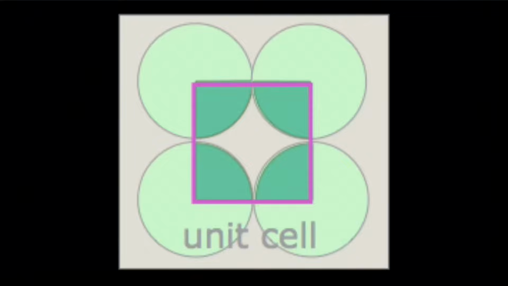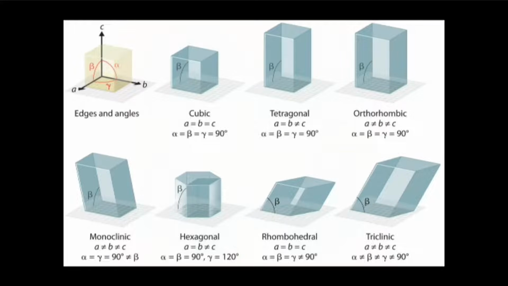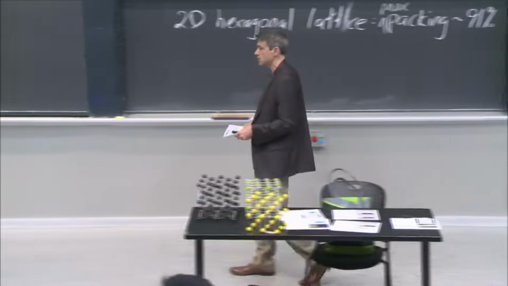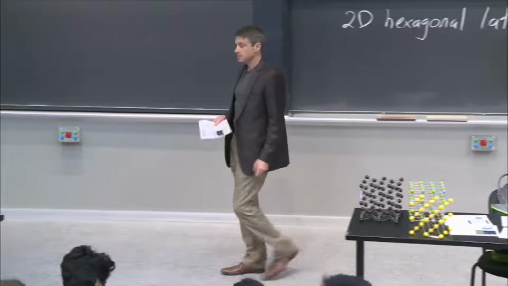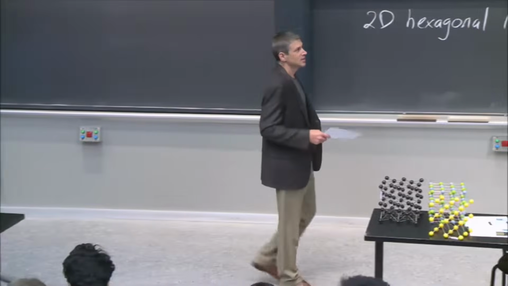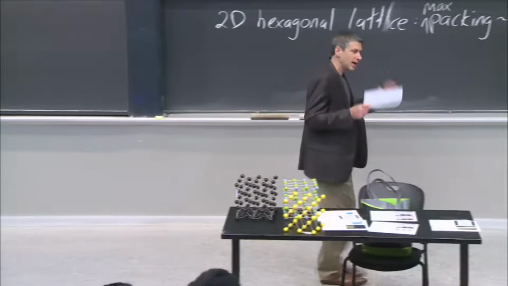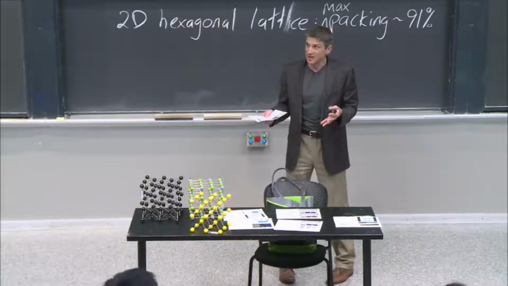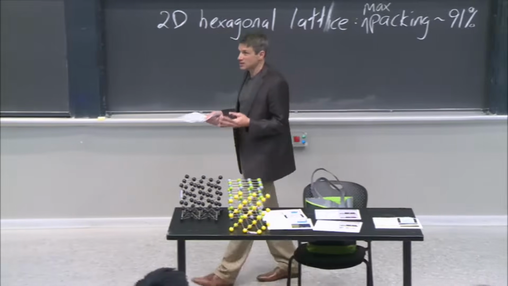So here we are, and we're going from 2D to 3D. This is not going to be an in-depth dive into symmetry and space groups and group theory. Those are all great topics. But I'm just going to tell you, and it's actually kind of cool, in 3D, there are only 7 unique crystal systems.